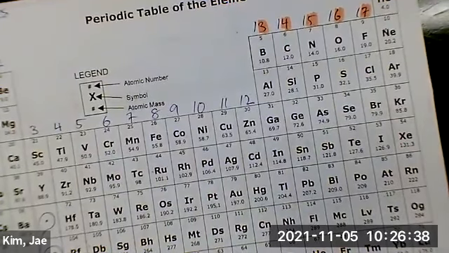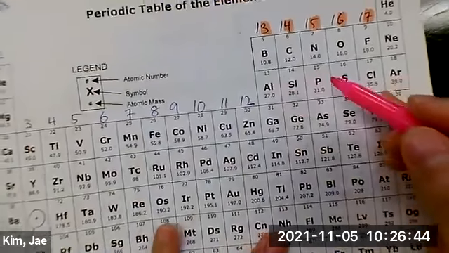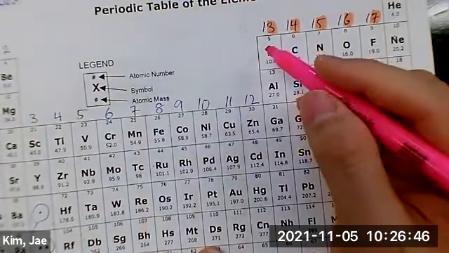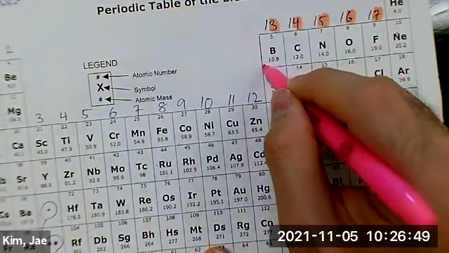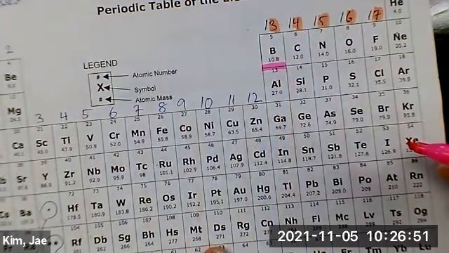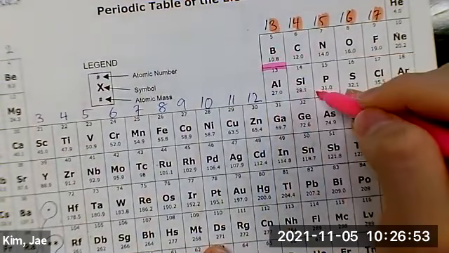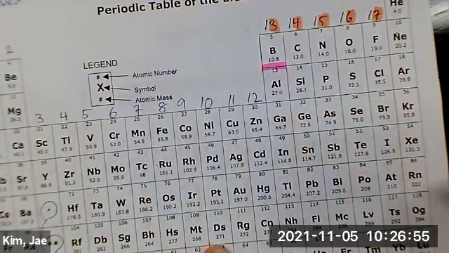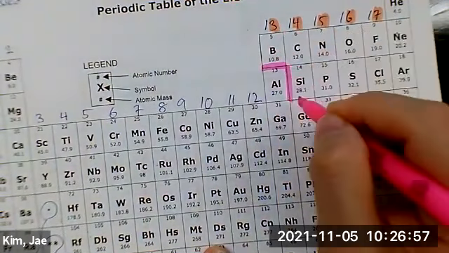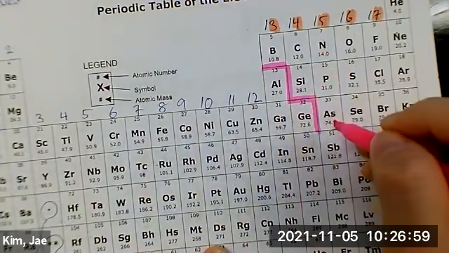What I'd like you to do is take a highlighter, use blue, actually, sure, I'll use green. I want to draw a staircase. Please draw a staircase from underneath boron, and then down, right, down, right, down, right, down, right, a regular staircase. And you can pause the video if you want to catch up.